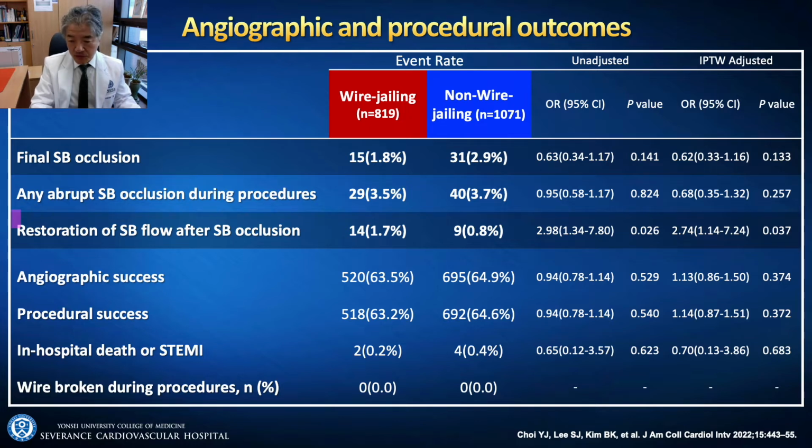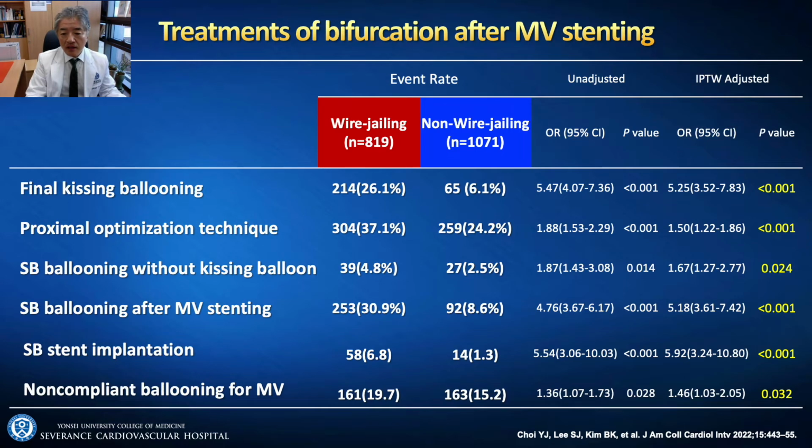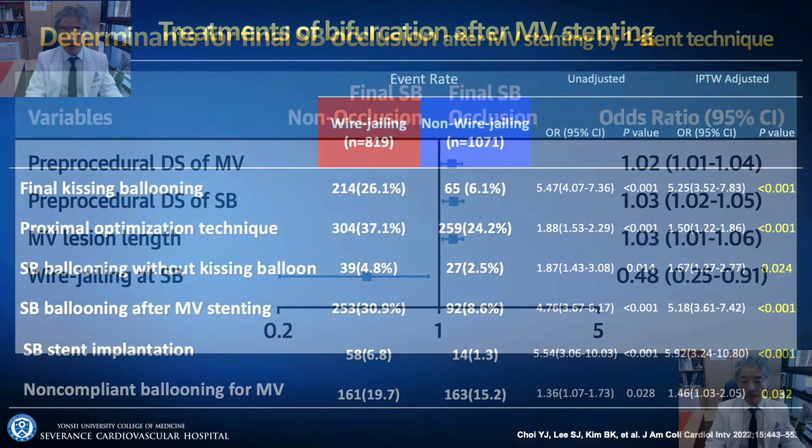Angiographic and procedural success were significantly different, and there was no case of broken wire in this study. Regarding the treatment of bifurcation lesions, the wire jailing group had a significantly higher rate of final kissing balloon, ballooning or stenting in the side branch, and NC ballooning than did the non-wire jailing group.